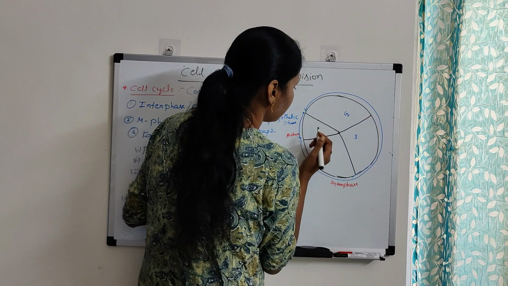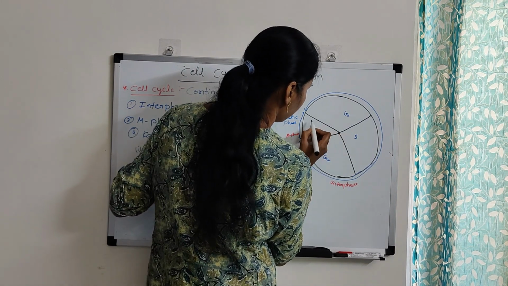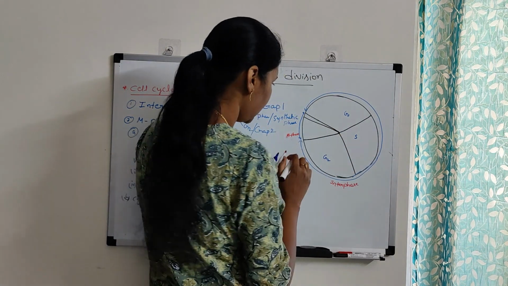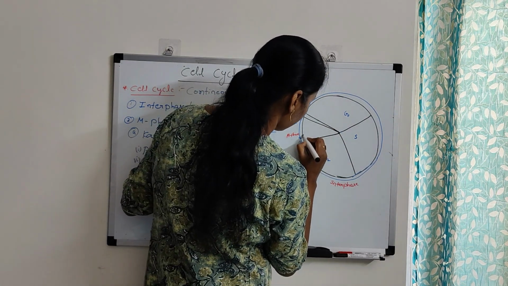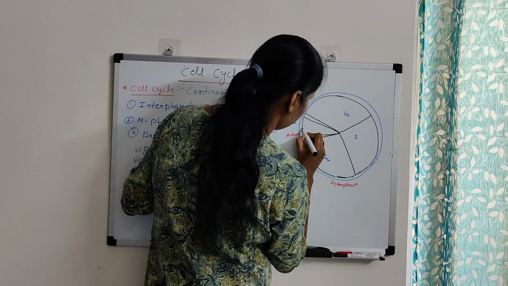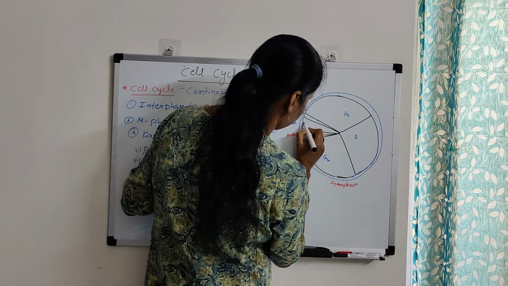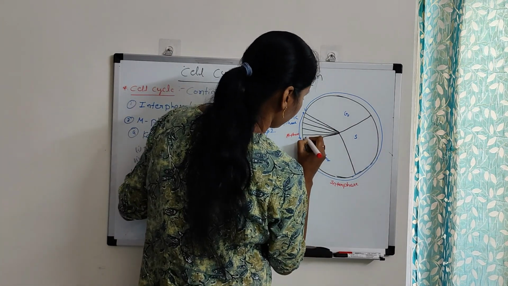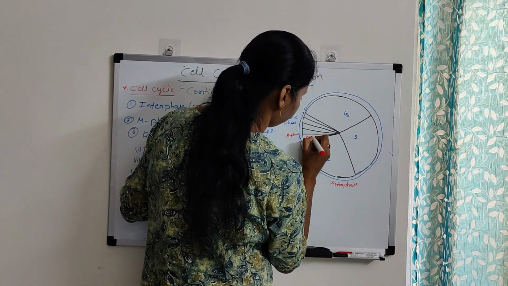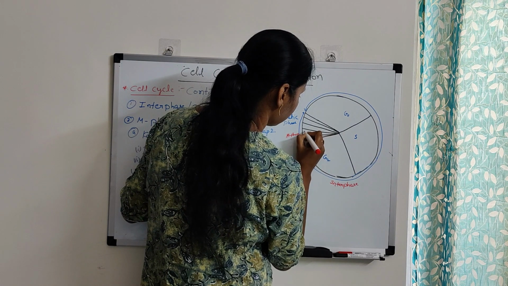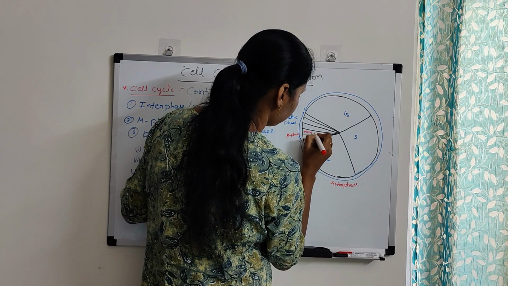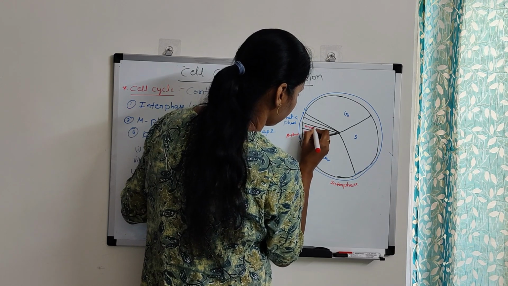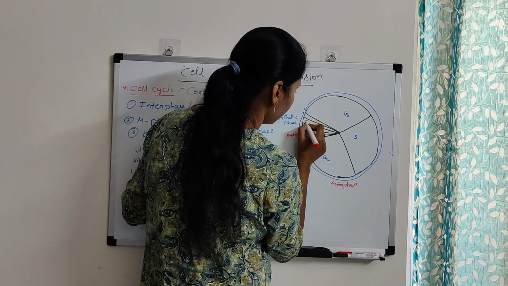M phase has two steps. One is karyokinesis, another one is cytokinesis. Karyokinesis is completed in four steps: prophase, metaphase, anaphase and telophase.